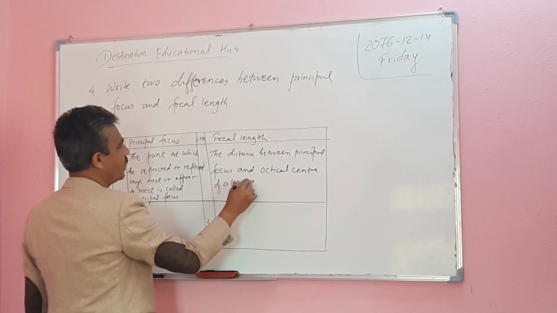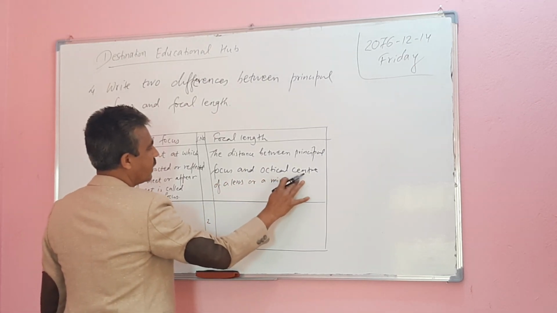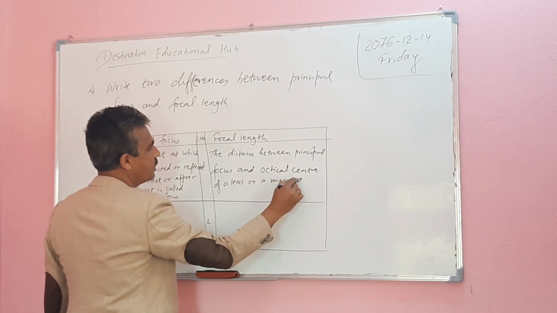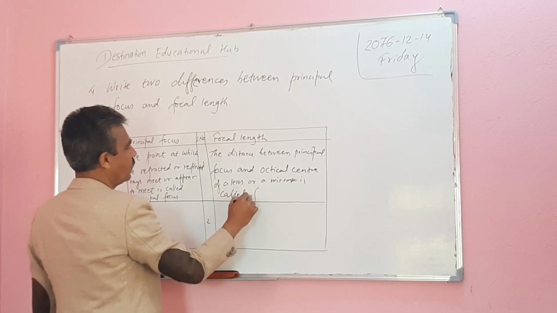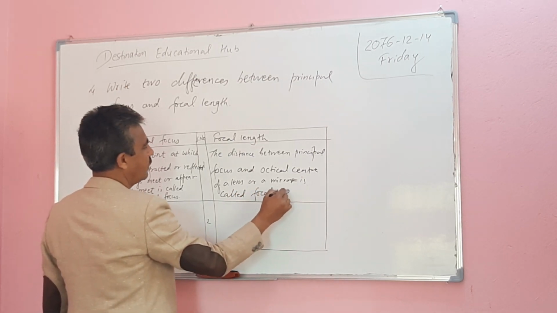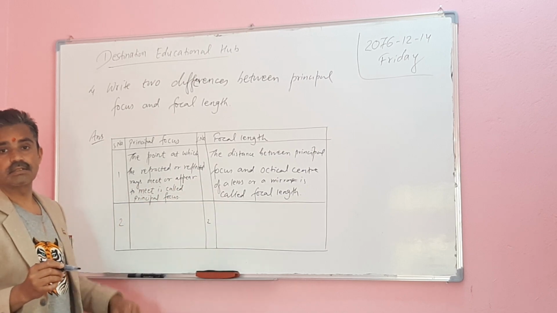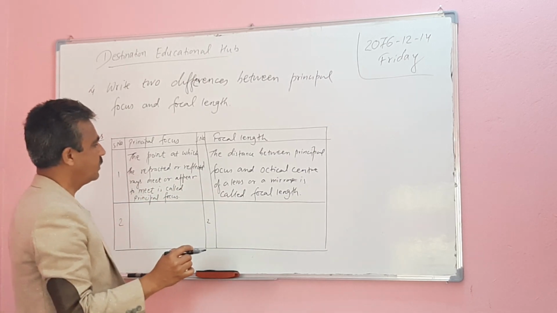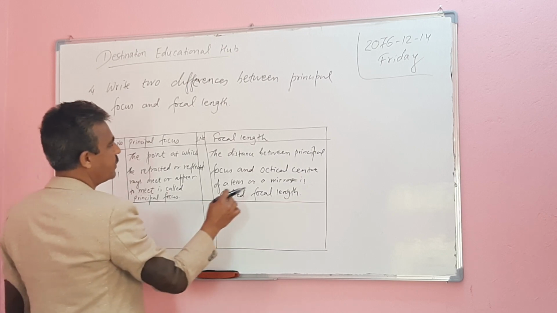In a mirror also it is there. M-I-R-R-O-R. What do you call it? Focal length. See? The distance of a lens or a mirror is called focal length.